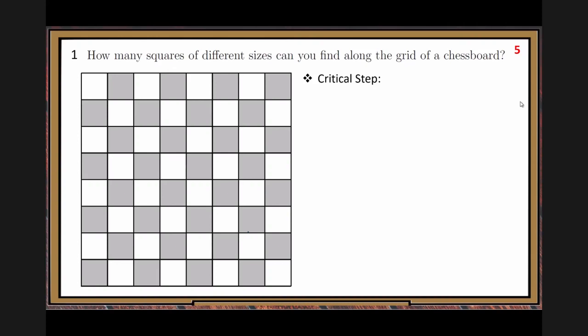We can get insight. If we can see the insight of this problem, we are very close to the solution.